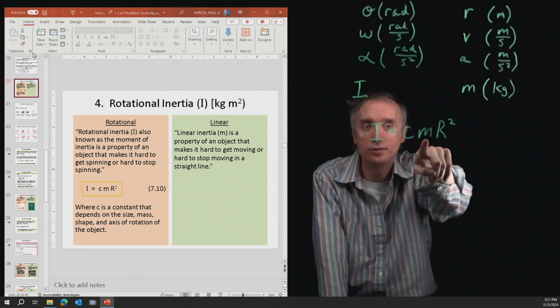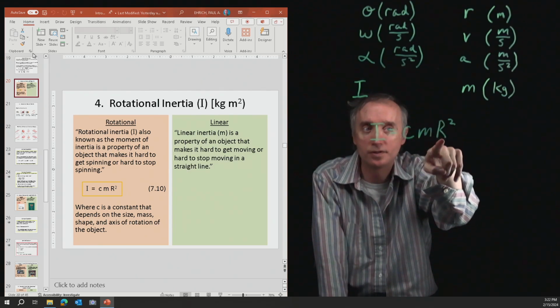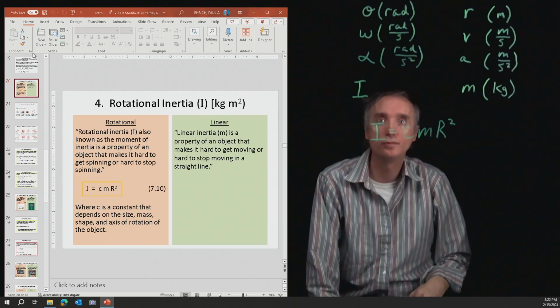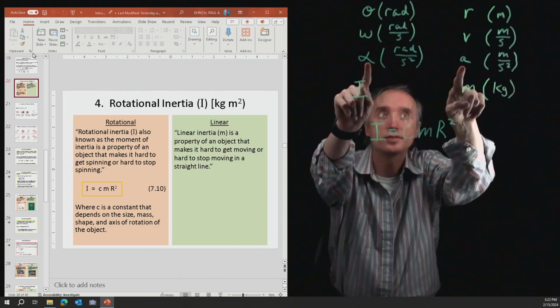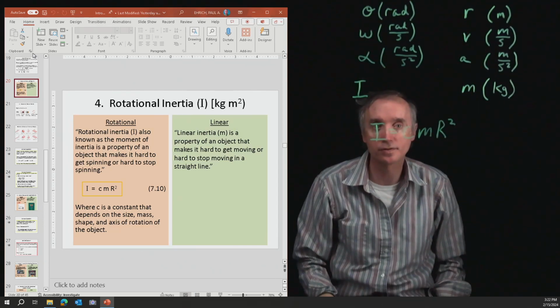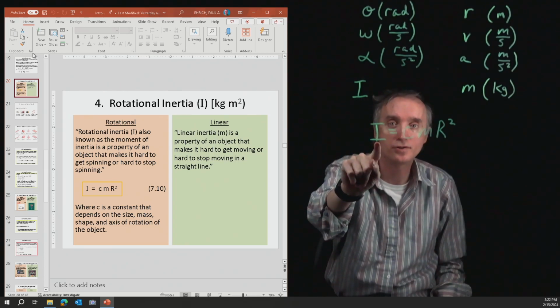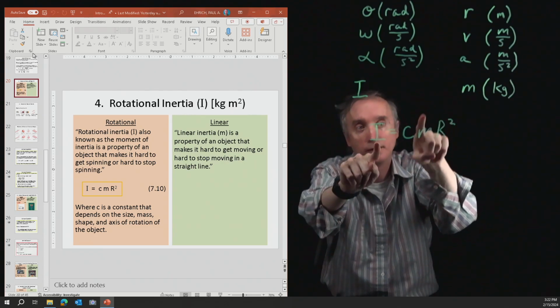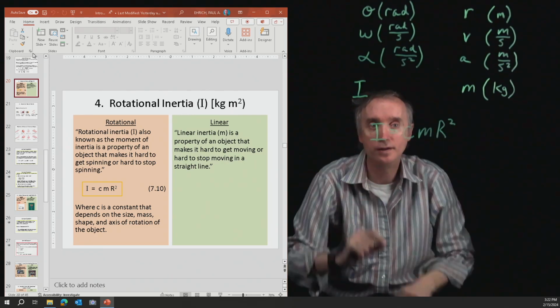But notice that rotational motion also depends on R. So do you remember when we talked about the connector between this and this, and this and this, and this was radius? So notice the connector between rotational inertia and linear inertia is, again, the radius.